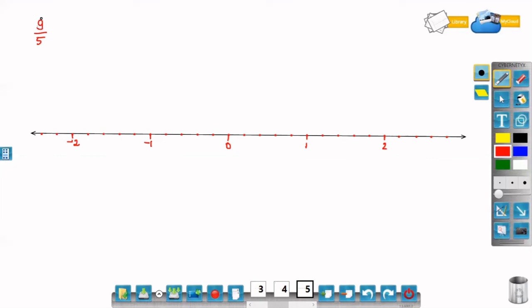Now represent 9 by 5. 9 parts away from 0. That is to the right side because number is positive. 1, 2, 3, 4, 5, 6, 7, 8, 9. Here it is 9 by 5. 9 parts away from 0.